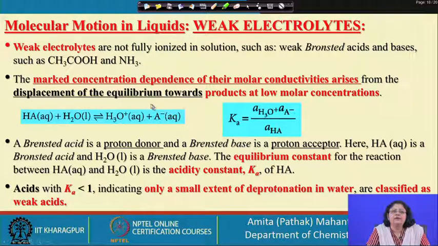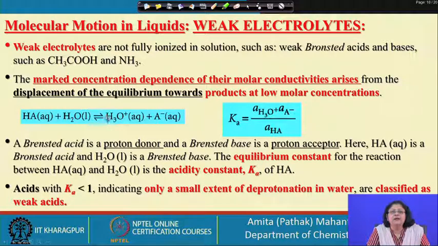The marked concentration dependence of the molar conductance arises, if you have, say, a weak acid which is dissociating, from the displacement of the equilibrium towards the products at lower molar concentration.